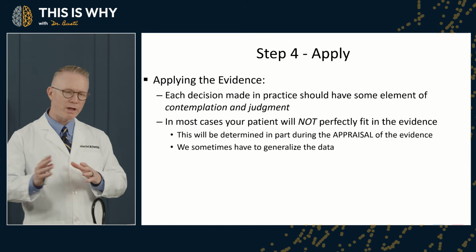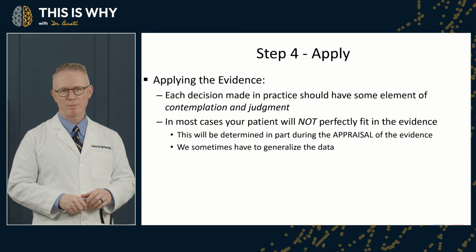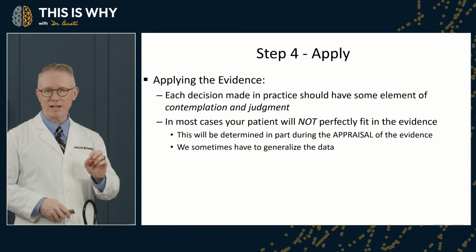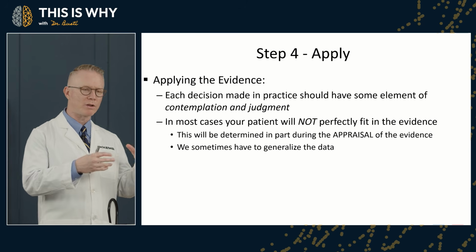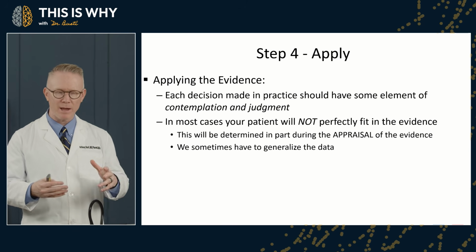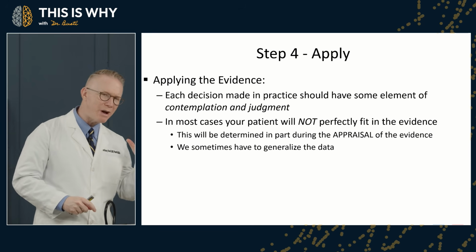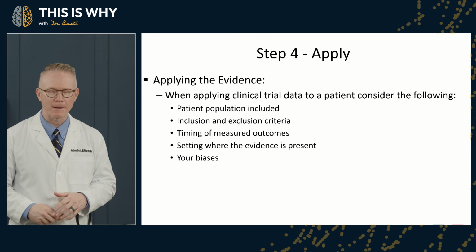So at some point we have to say, okay, well, the patient generally fits in this bucket, but realize that there is some element of that. And that's what comes out during the appraisal process, where we are systematically reviewing the paper and comparing the paper's PICO to our PICO for that patient care situation, okay?